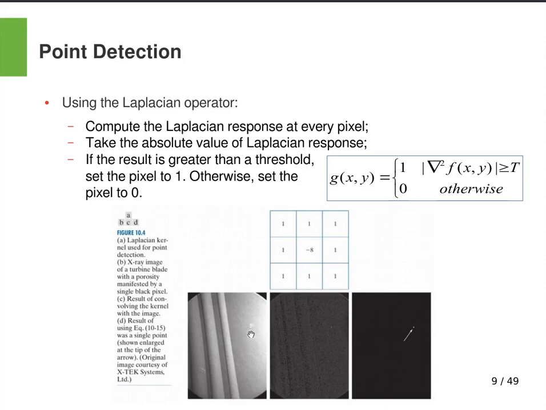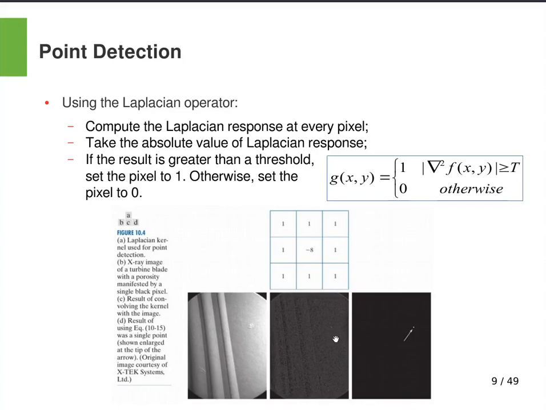So what we can do is that we can calculate the Laplacian of the image. So when you calculate the Laplacian, you basically eliminate all the regions of constant intensity, and as you can see here, we have a little bit brighter dot at the location of the defect in the image.